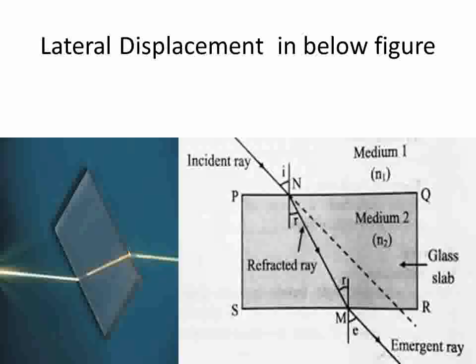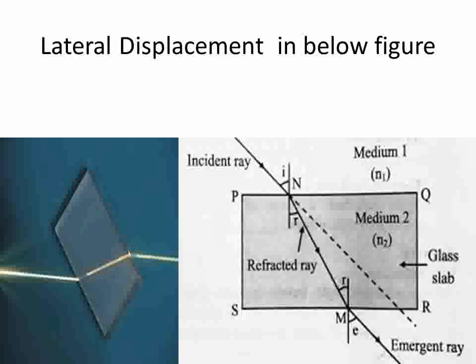Now let us come to lateral displacement. In the glass slab, the incident ray is coming from air to glass, and the refracted ray inside the glass comes out to air, where there is refraction again. Now let us discuss the glass slab.